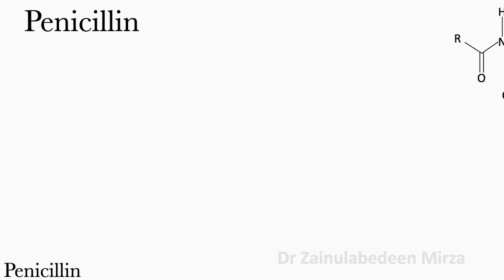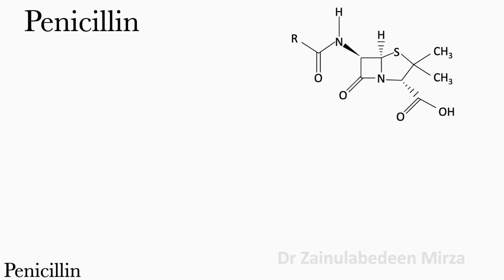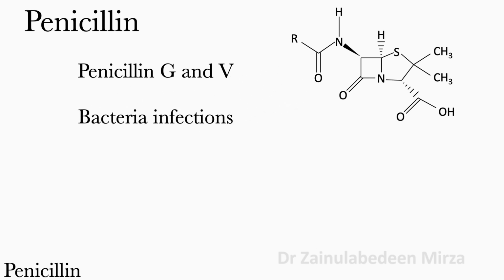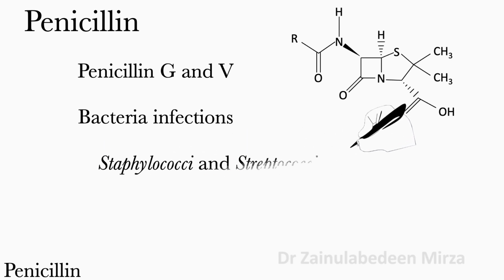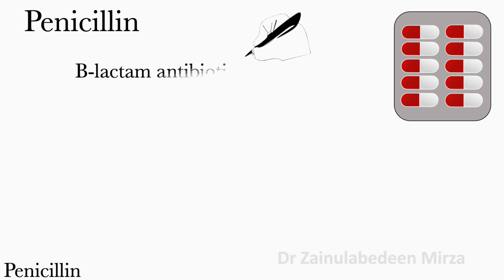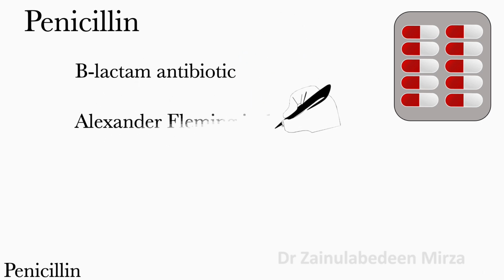Penicillin is known as an antibiotic obtained from penicillin mold. Penicillin G and V are two types of penicillin, and these antibiotics are effective against many infections caused by bacteria, such as Staphylococci and Streptococci. Penicillin is a member of the beta-lactam antibiotics, and Scottish scientist Alexander Fleming discovered penicillin in 1928.